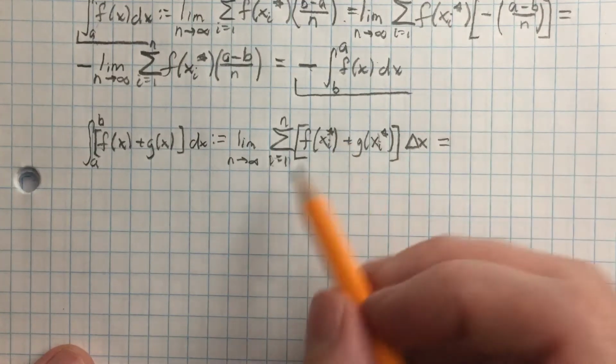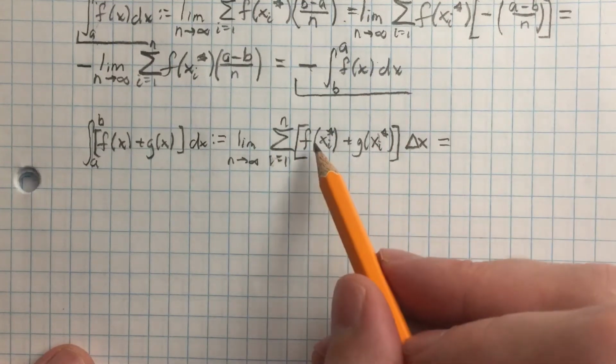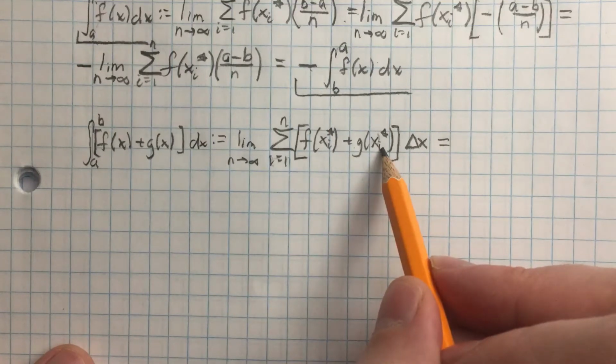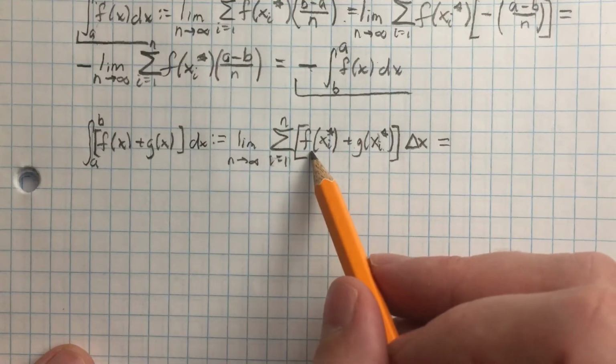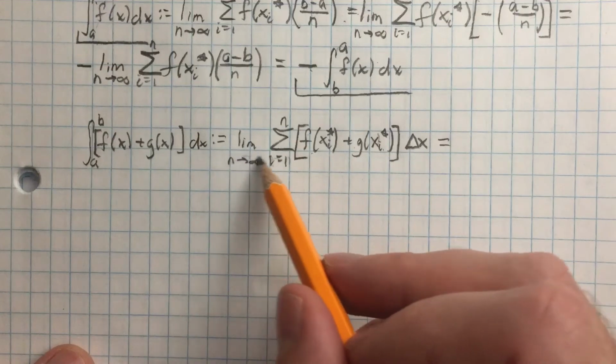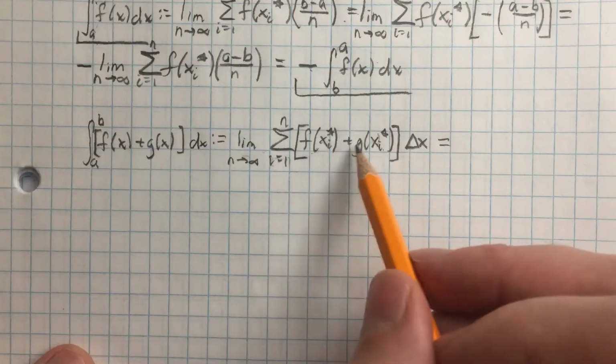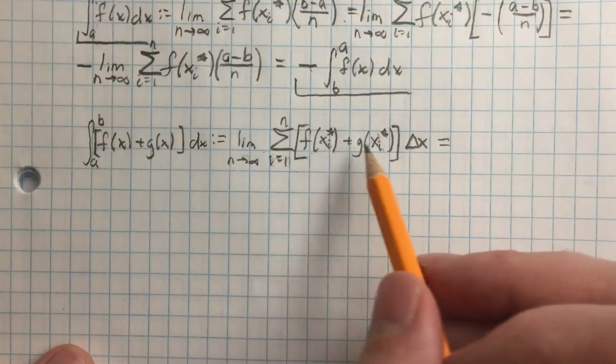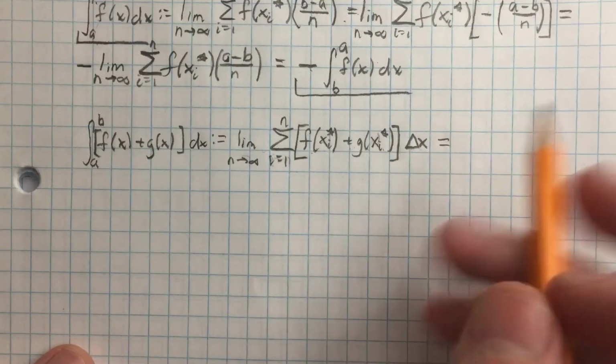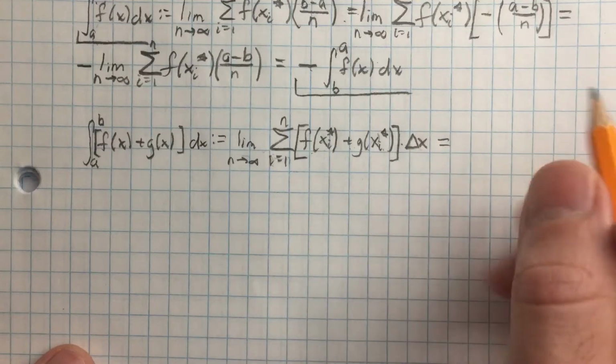But we know that a summation distributes in a sense across a sum. But so does a limit, as long as the limit exists. So both of these operators can now distribute across the sum of these two and apply themselves directly to f and g separately, and delta x will follow with each one because it's a multiply here.